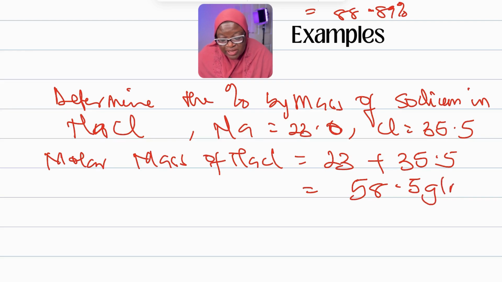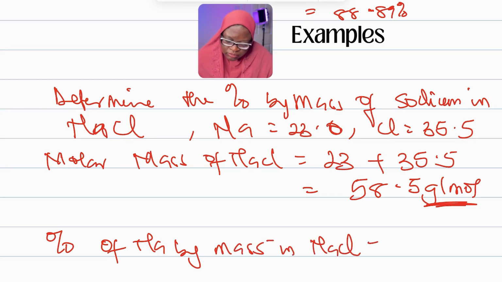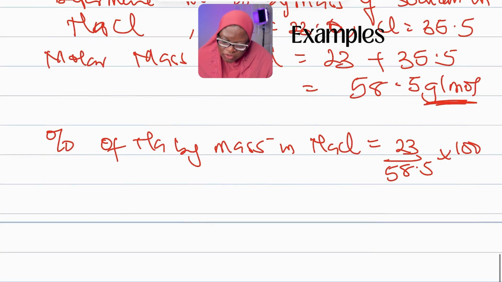58.5 grams per mole. Remember, we're working with just 1 mole. Important to always add the unit. So molar mass is mass per mole. Okay, we've gotten the molar mass. Sodium is 23. So what is the percentage of sodium by mass? 23 divided by 58.5 times 100.